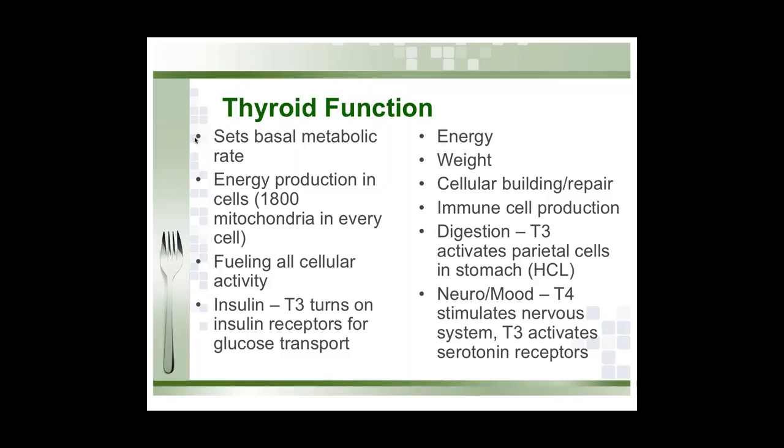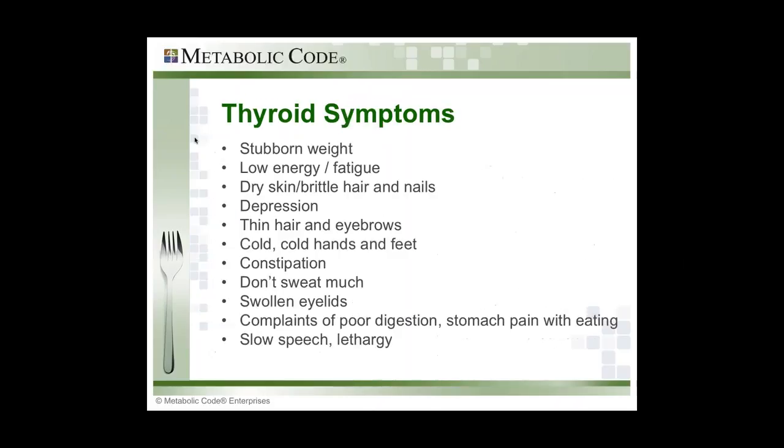So it's not just neurotransmitters. T4 hormones stimulate our vagus nerve, which influences peristalsis in the gut. So when thyroid function is low, that's one of the reasons people can have constipation symptoms. So these are all the symptoms that we look for and we assess.